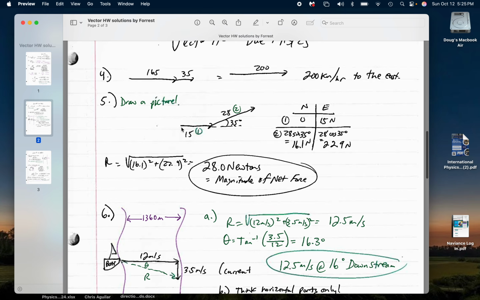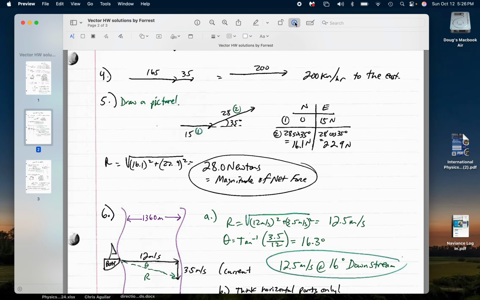For this one, you have 2 vectors acting concurrently with 15 newtons of force and 28 newtons of force, and it says there's 35 degrees in between them. The tricky part about this is, to make a vector diagram, I've got to draw them tip to tail, even though they're acting at the same point. So one of the things I could do here, let's see if I can do this.